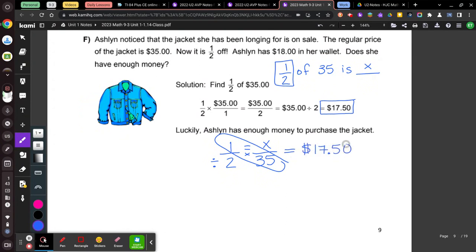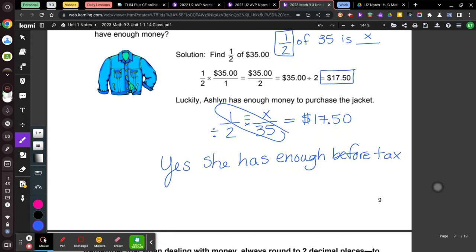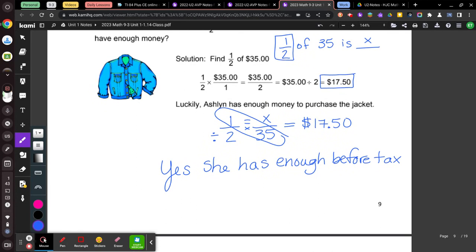So she's got $18 in her pocket. Yes, she has enough. But what about tax? Let's find tax. She has enough before tax. That's right, we've got to see what tax is. So now we take our total, $17.50, and times by 1.05.